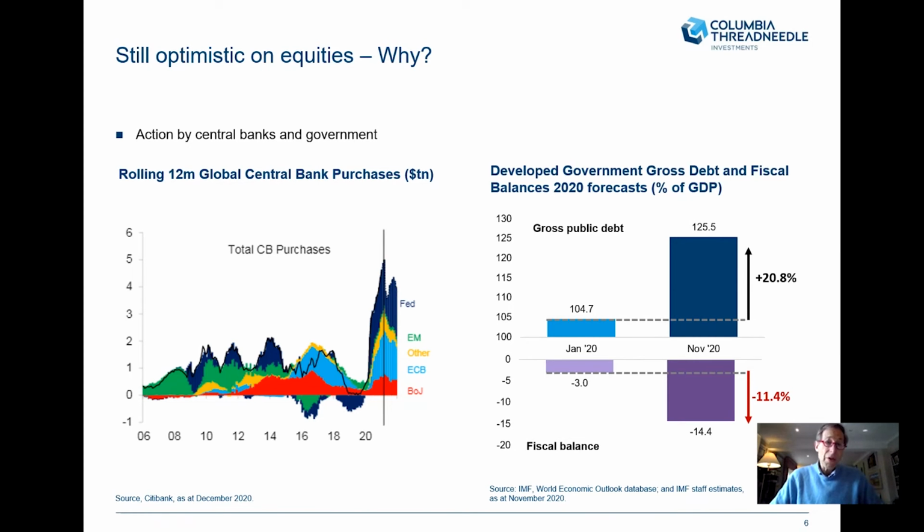And you can see on the left-hand side, we've looked at monetary policy, what central banks are doing. First of all, they took interest rates down to 0 virtually everywhere. And this chart shows quantitative easing, i.e. purchases of bonds by central banks. And you can see huge spike up and a continuation of that process.